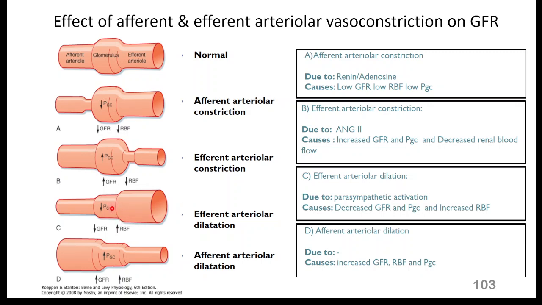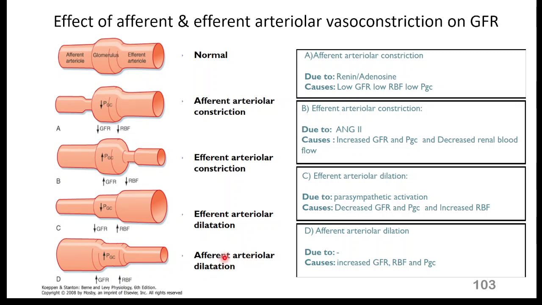This dilatation will not allow pressure to build up within the glomerular capillary, right? And so if that pressure doesn't build up, it means that there will be a reduction in the glomerular capillary hydrostatic pressure. All right, so this will decrease, and therefore the GFR will also decrease.